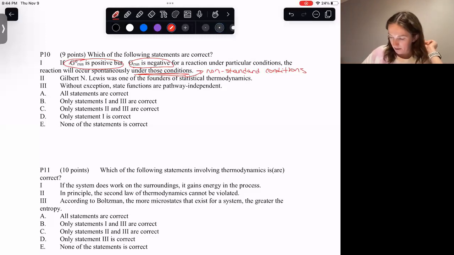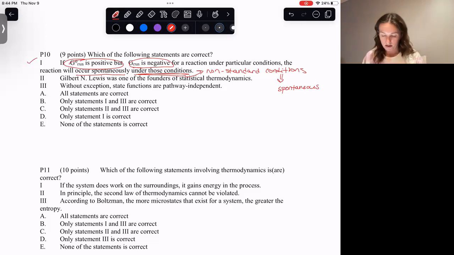Yep. So this would be spontaneous, and right, occur spontaneously, that matches up. And so this would be a true statement.